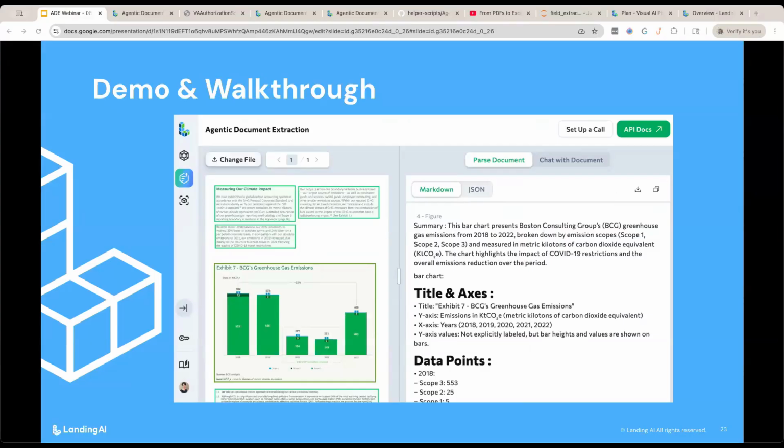Let me kick off. First one, can ADE extract rich infographics and analyze and understand the inherent dependencies like your slide with the document processing workflow? 100%. Our goal and where we really add value is enriching very complex data and complex layouts and giving you that as a structured payload.